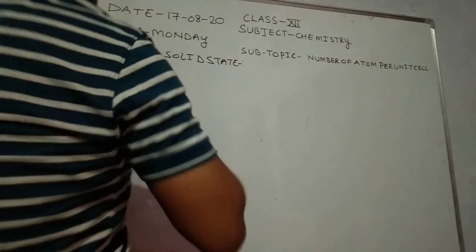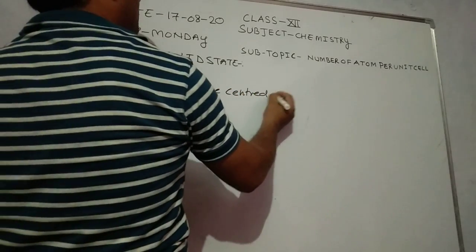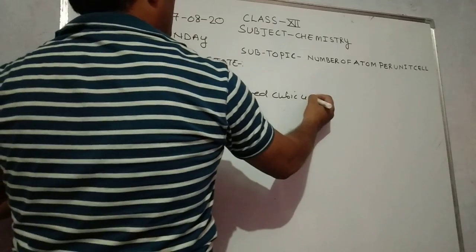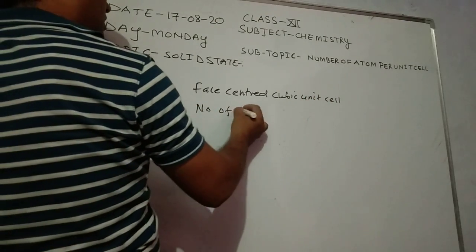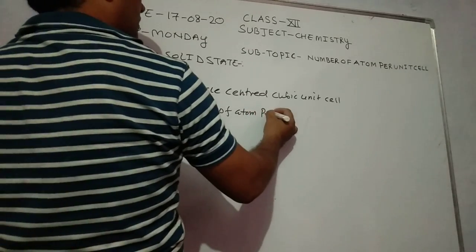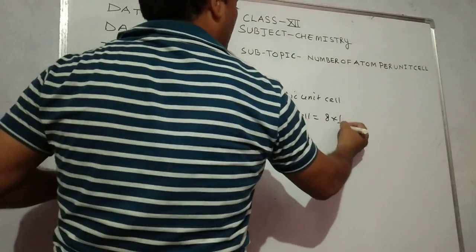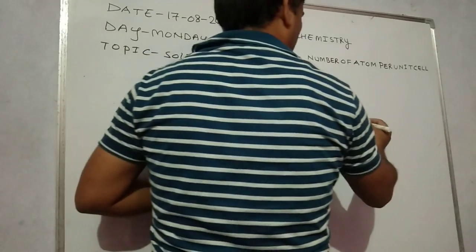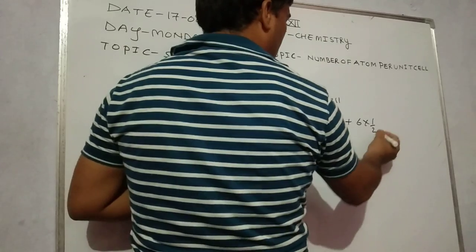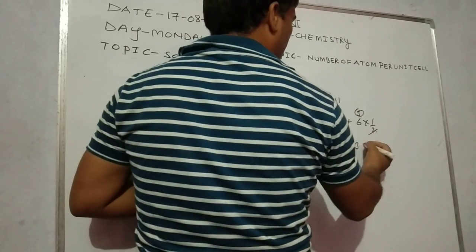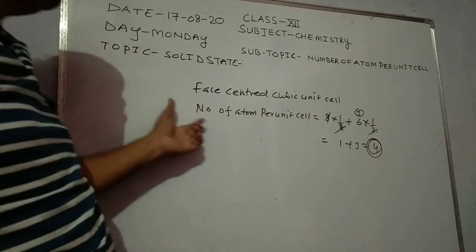For the face centered cubic unit cell, the number of atoms per unit cell is equal to 8 into 1 by 8 plus 6 into 1 by 2, that is 1 plus 3, which is equal to 4. So the total number of atoms for a face centered cubic unit cell is equal to 4.